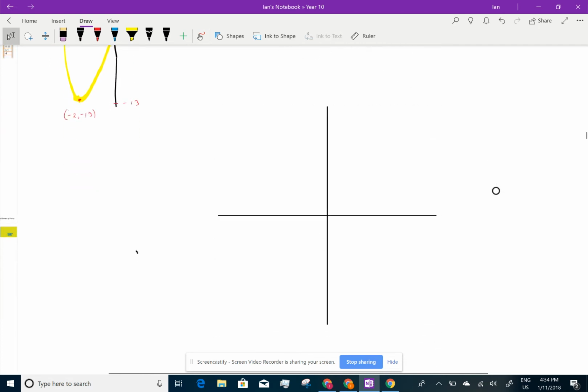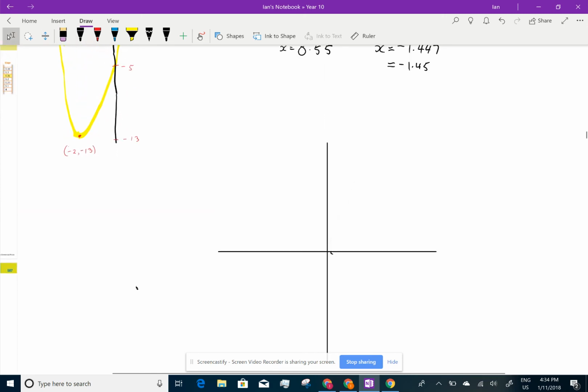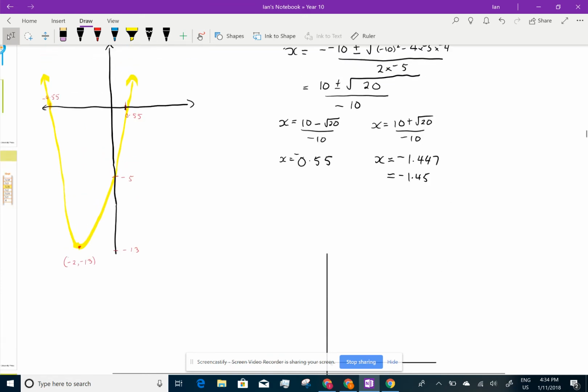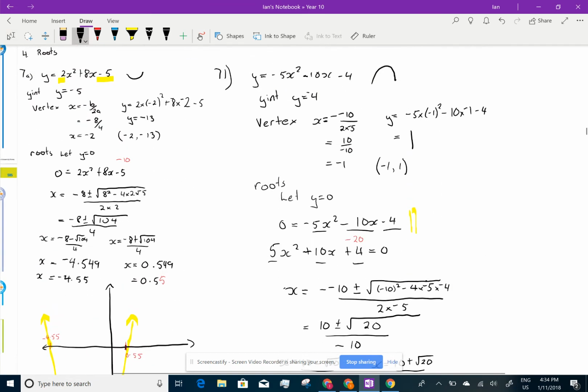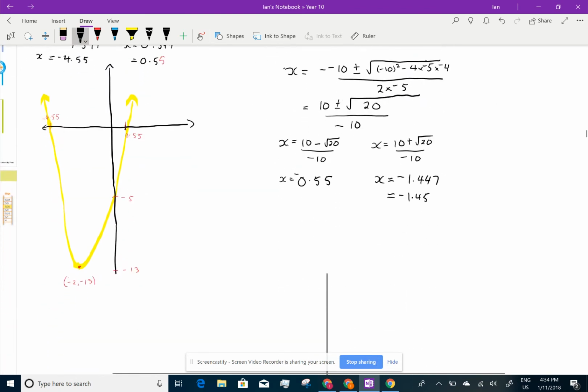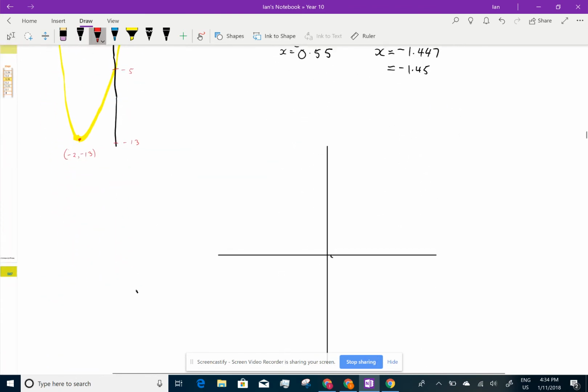So now I can draw this. So, where was my y-intercept? My y-intercept is negative 4. So let's set up a scale here. So negative 4, let's make it about there.